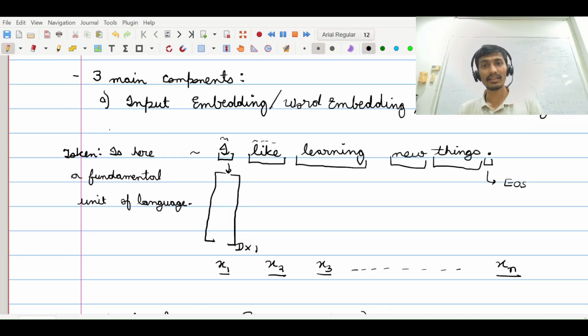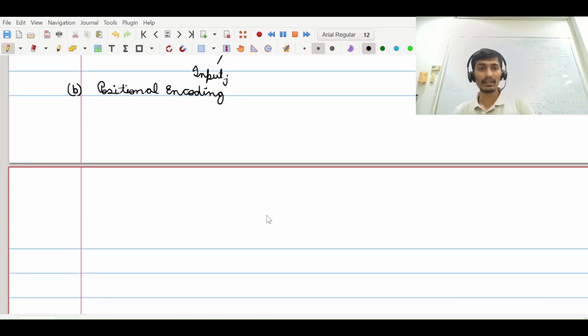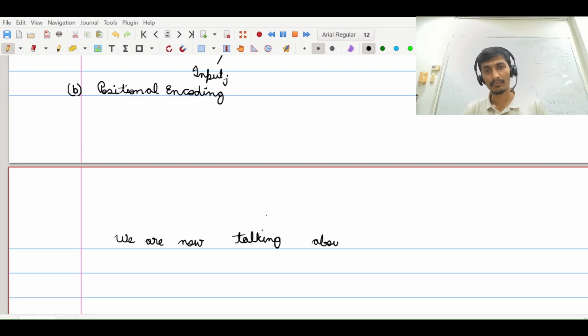So let's take our example, I like learning new things. Let's take another example. We were talking about what is positional encoding. So suppose we are now talking about LLMs.